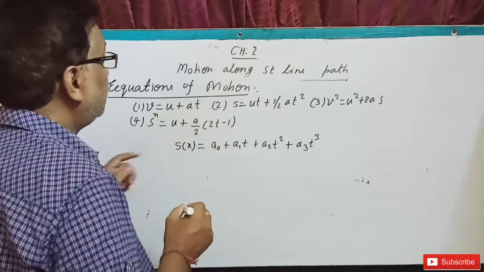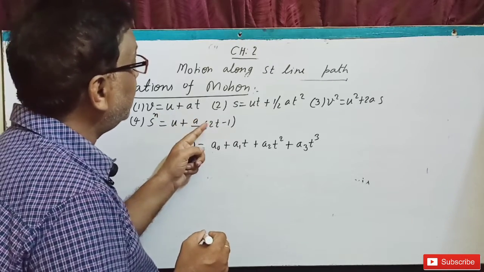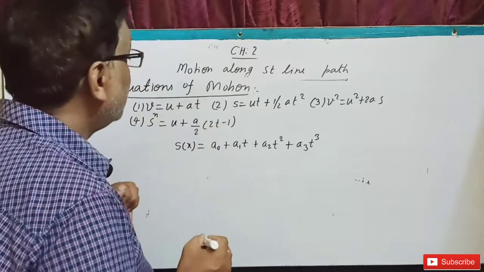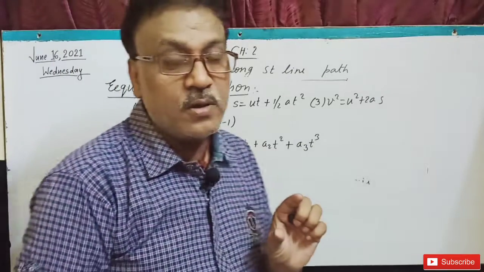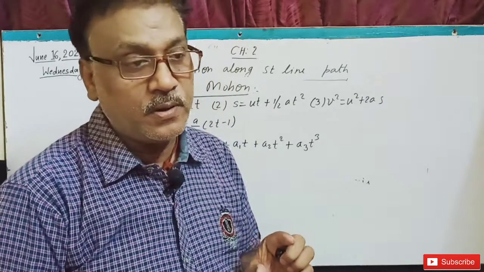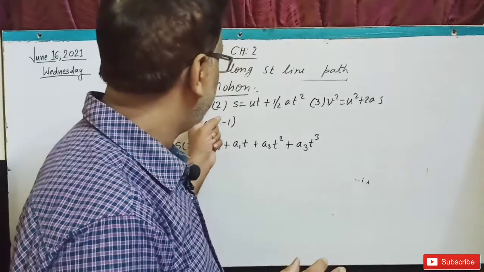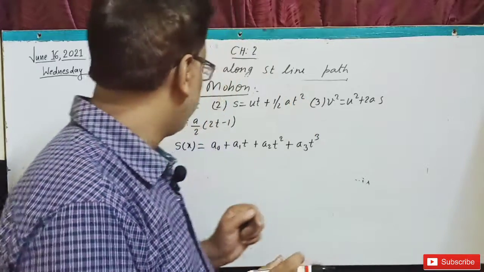Nth second is given by initial velocity plus half acceleration into 2 times t minus 1. These 4 formulas are applicable in number of numerical problems. So we discuss these formulas in those problems.